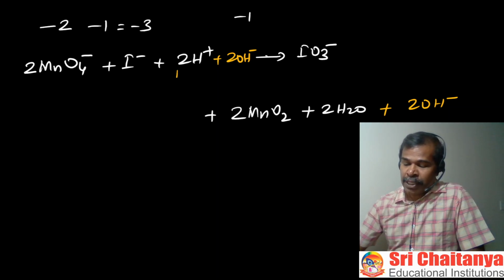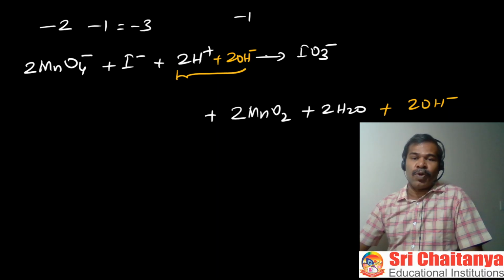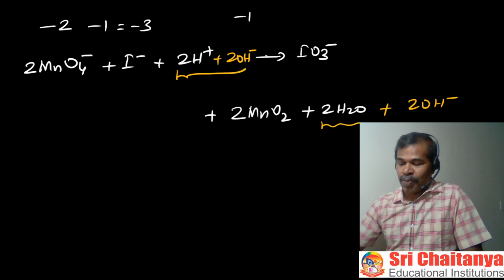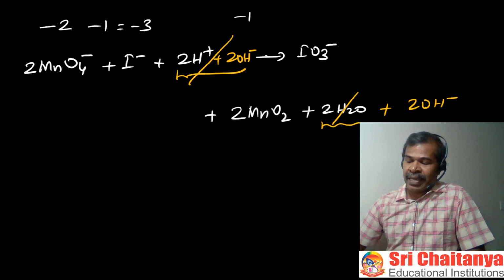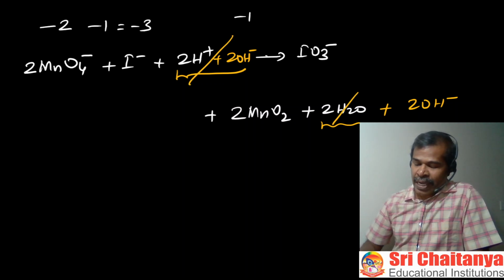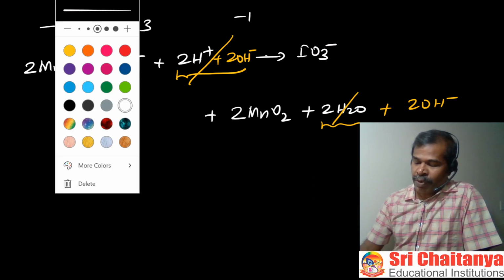Now 2H plus plus 2 OH minus will give you 2 moles of water. There is already 2 moles of water. I'll cancel out that water on the left side and right side. Cancel out, and combine the rest and write the equation. So what is the equation?